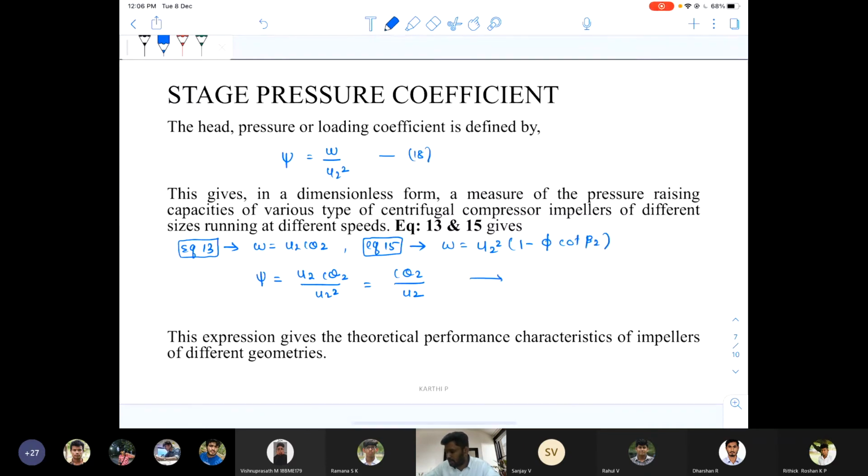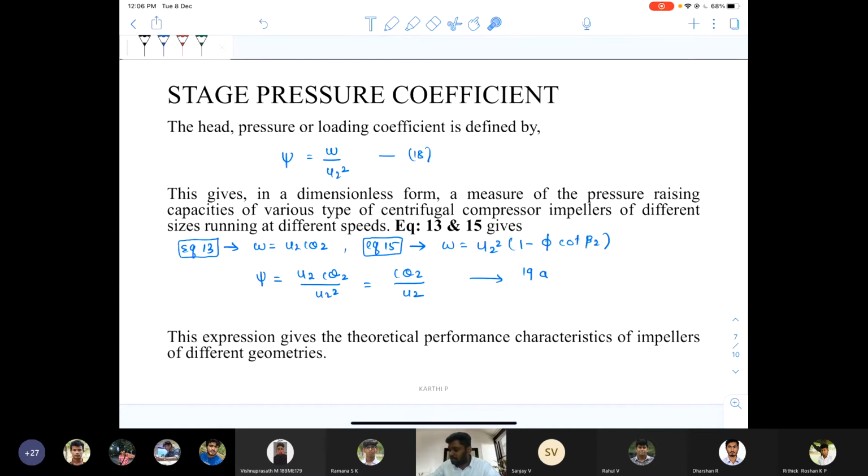Consider this as equation number 19a. If you substitute equation 13 in equation 18, you will be getting C theta 2 divided by U2.